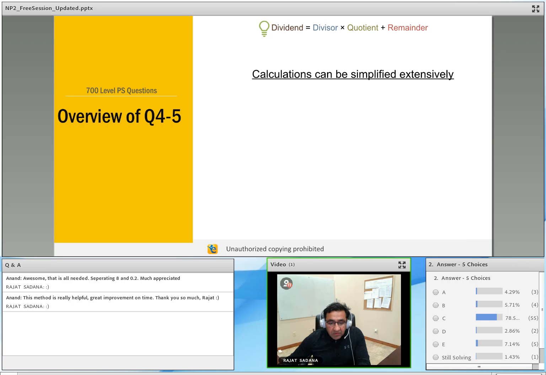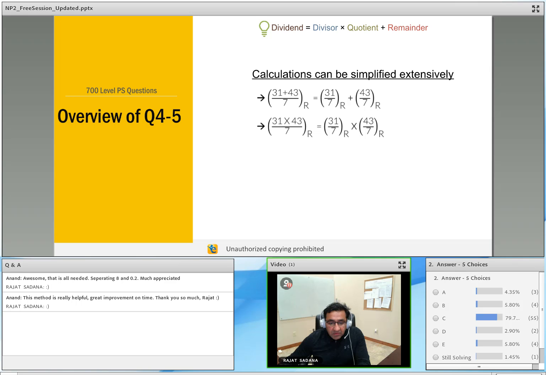So the thing that I want to prove over here is that you don't need to resort to calculations. If you just simply express the dividend as divisor into quotient plus remainder, that's very, very important. Again, when the sum of two numbers is divided by a number, you can add their individual remainders.